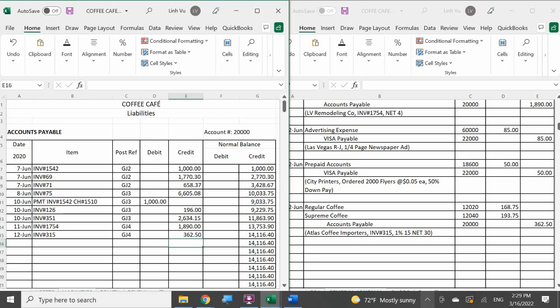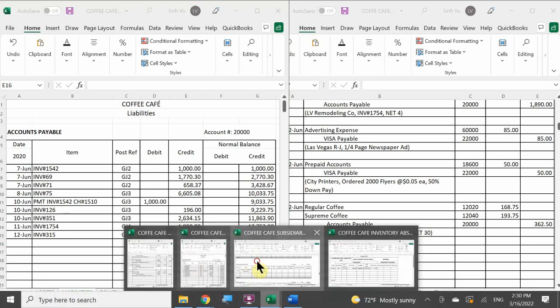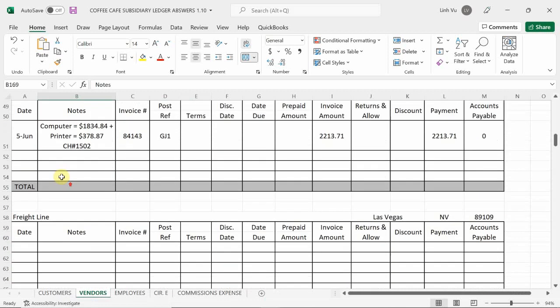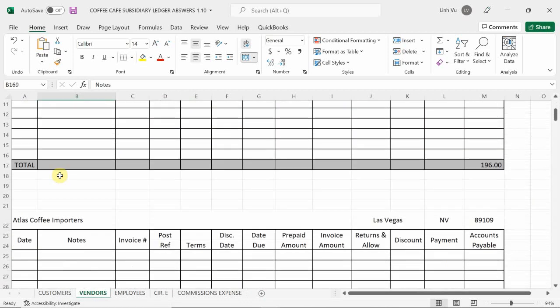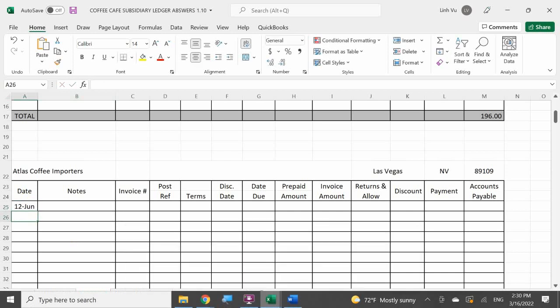Okay, so that's that right there. Okay, and of course, because we owe Atlas Coffee some money, we need to create our account here and update our subsidiary ledger for this vendor right here. Okay, Atlas Coffee Importers.